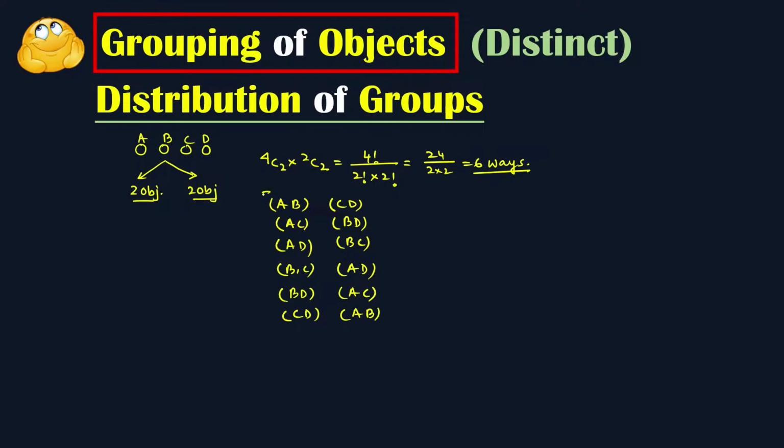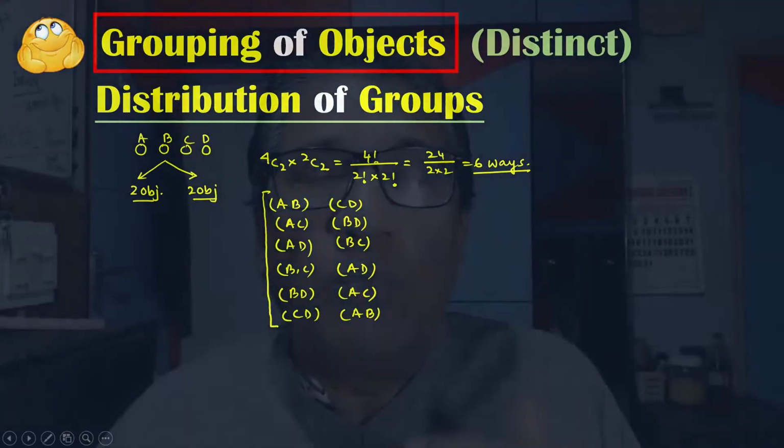So see, we actually got 6 such ways of forming these 2 groups.